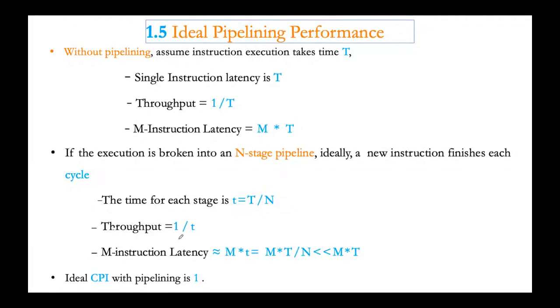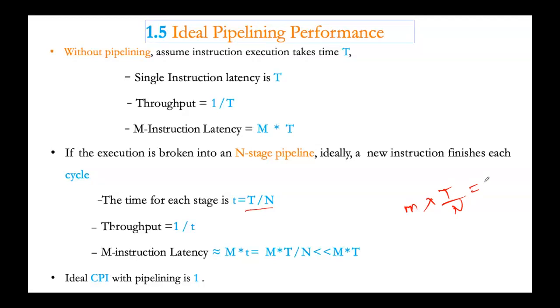Then the throughput for each stage is 1 divided by t, whereas here the throughput is calculated for the entire latency time. For m instructions, the latency is the number of instructions multiplied by the stage latency t, where t is the total latency divided by n.